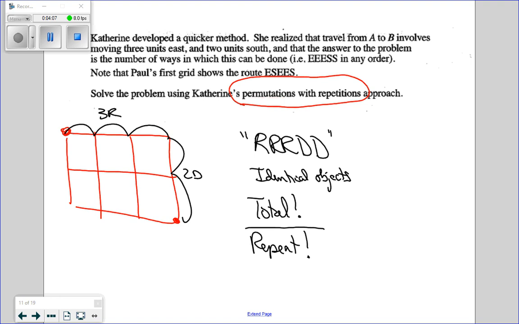So we've got 5 movements in total, 3 R's and 2 D's. And then you've got 3 R's and you've got 2 D's. And if you punch that into the calculator, brackets and all, you'll get out 10.